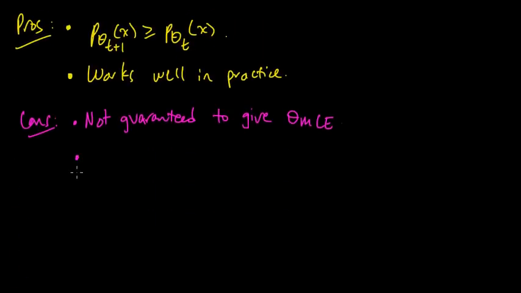So it's not guaranteed to give a maximizer. Another thing which is always true for maximum likelihood is that it may overfit, but the solution is you can use maximum a posteriori with the EM algorithm also, and we'll see how to do that.